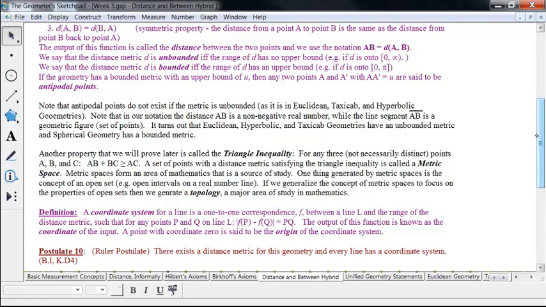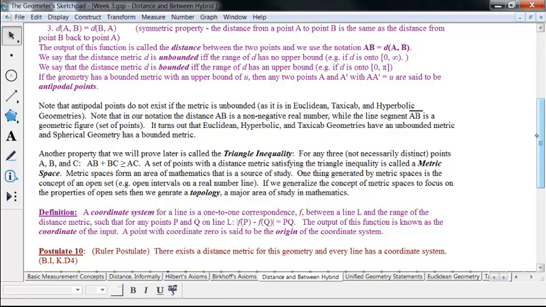And so metric spaces form an area of mathematics that is an area of study. And so they sort of generalize this idea of Euclidean geometry where we measure things a certain way. What we're doing is looking at these 4 geometries that have different metrics.